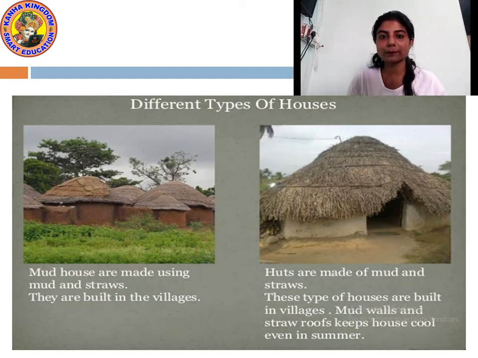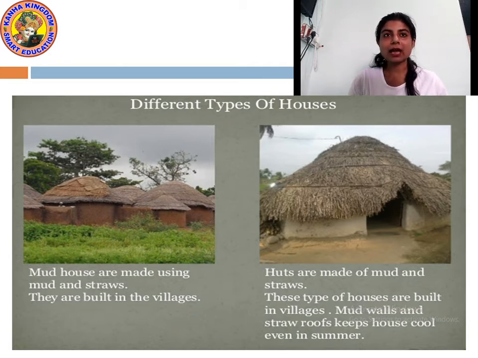It absorbs less sunlight than apartments, buildings and bungalows. They are built with concrete, cement and all, and they absorb lots of the sun's heat. But these houses are made of mud and straw. They do not absorb so much sunlight. So if they do not absorb so much sunlight, how will it become hot? And in villages they build these kinds of houses so that they can keep themselves cool even in summer days.